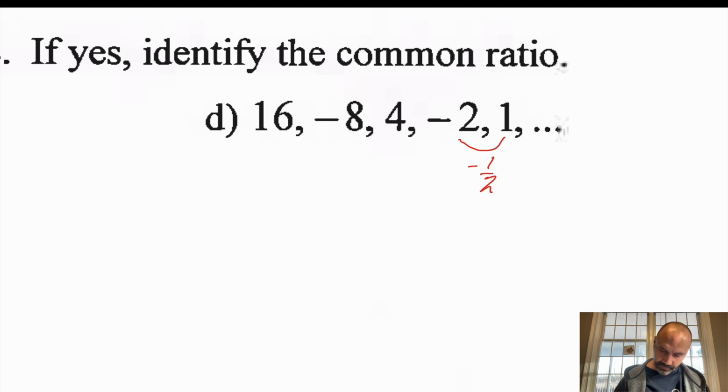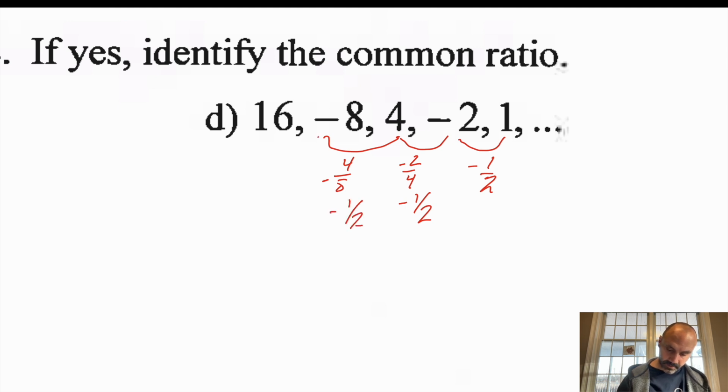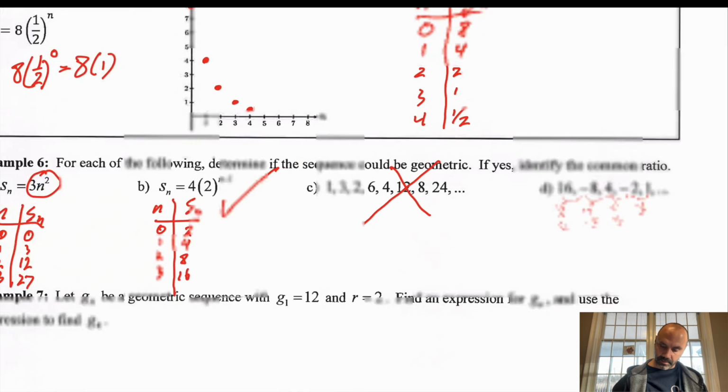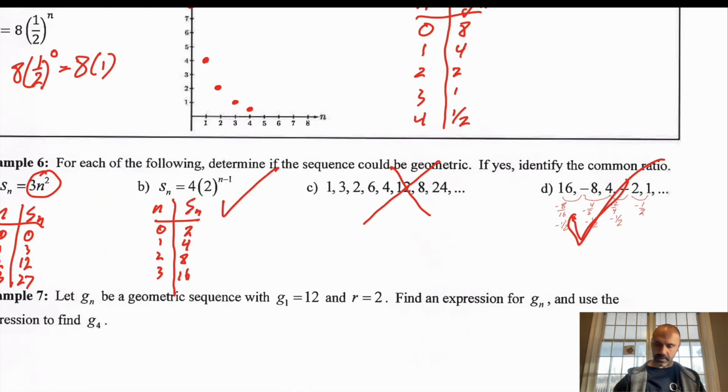Then -2 divided by 4 is also -1/2. 4 divided by -8, I'll leave the negative out front, is also -1/2. And then -8 divided by 16 is also -1/2. So this one actually is a geometric sequence. There is a common ratio there. There we go.